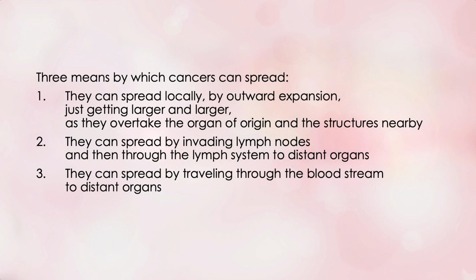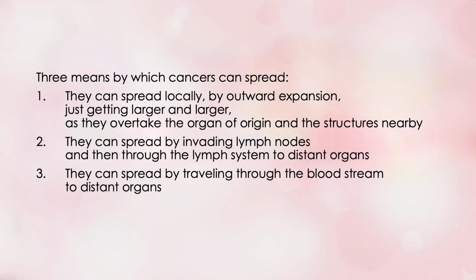Going on, the other staging system uses a different way of defining the degree of spread. This staging utilizes the 3 means by which cancer can spread. 1, they can spread locally by just outward expansion, just getting larger and larger as they overtake the organ of origin and encroach on the structures nearby. 2, they can spread by invading lymph nodes, first nearby the organ of origin, and then through the lymph system to distant organs.